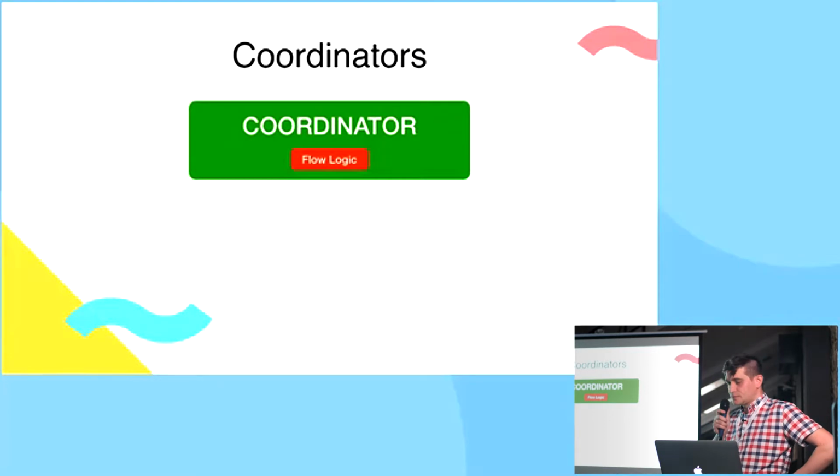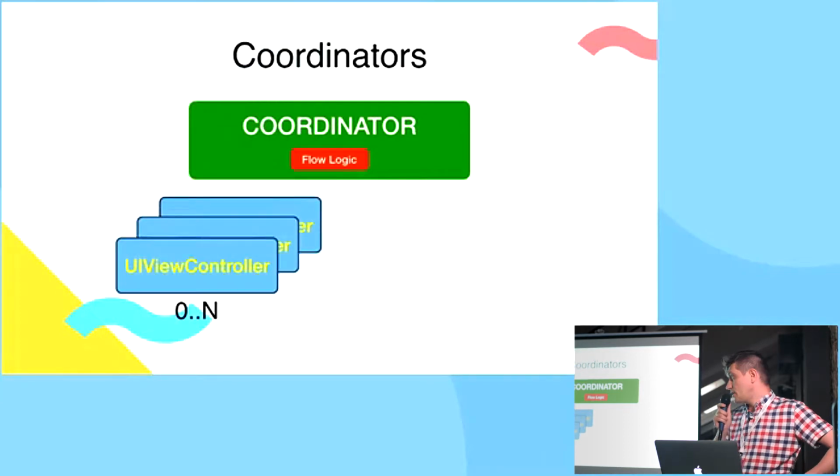What are coordinators? The main responsibility of a coordinator is to control flow between screens. It means the coordinator is responsible for creating UI view controllers, for showing and hiding them, and for injecting the adequate view model with adequate data. Usually we don't create just one coordinator for all screens in our application. A coordinator should focus on just one group of screens which realize a single goal.